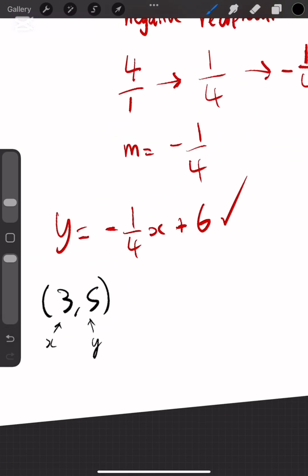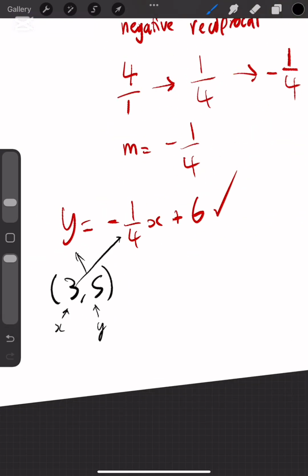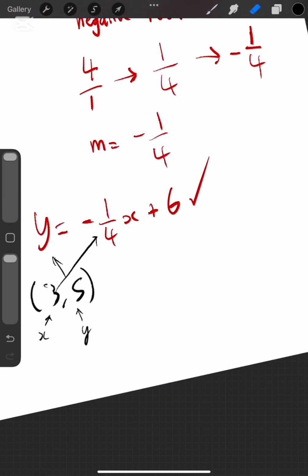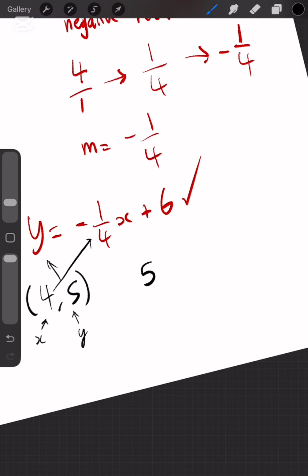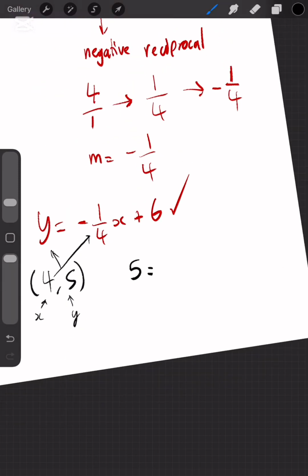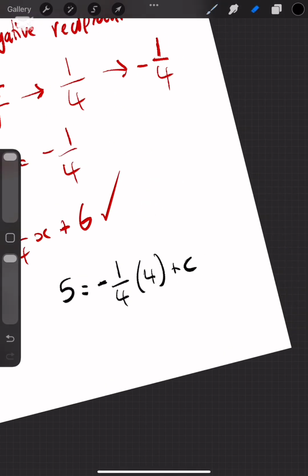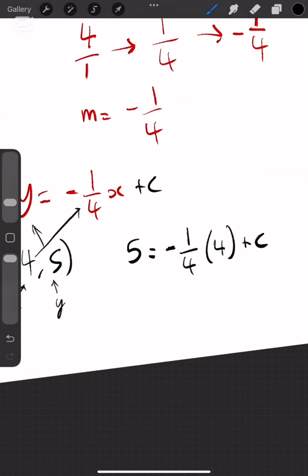Okay, so we're given one point on the line, (3, 5). Actually, for simplicity, we can change that to (4, 5). There, so we just substitute that into our equation, like we did for the other straight lines, and we use that to find c.